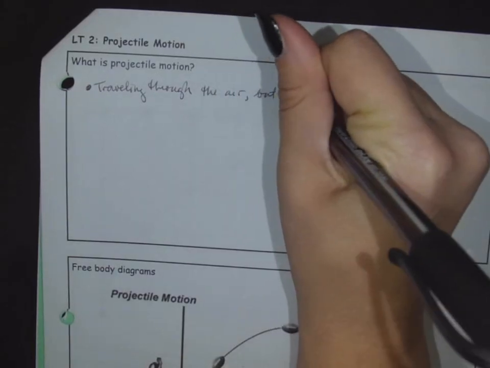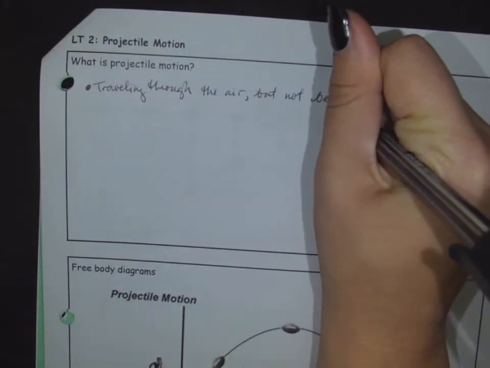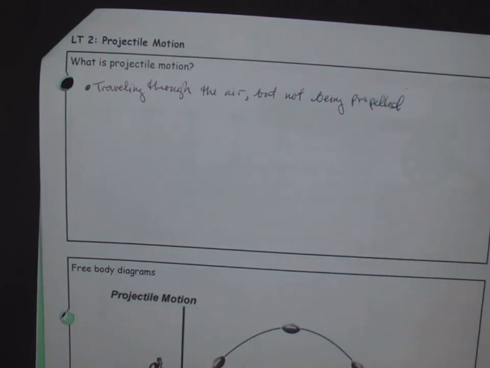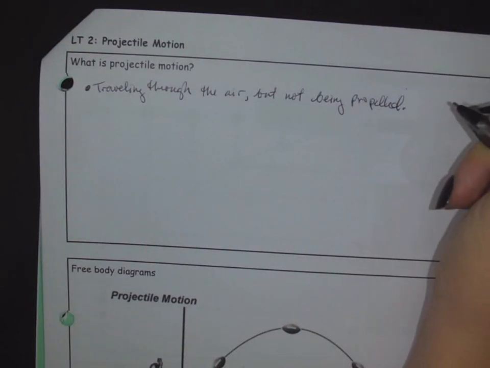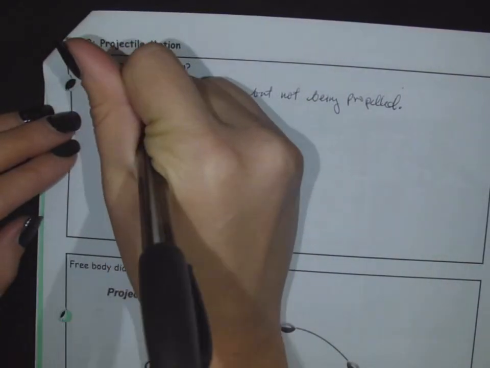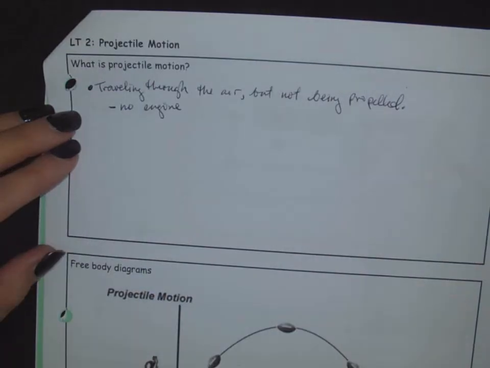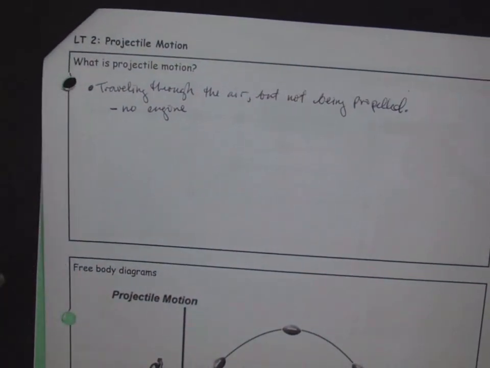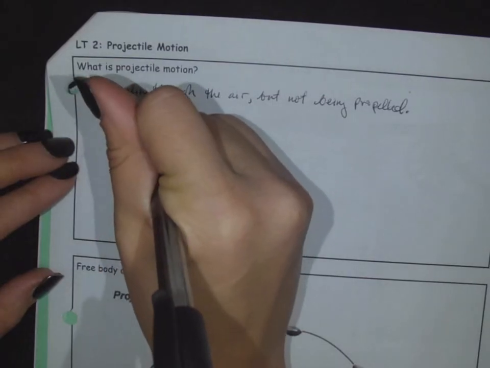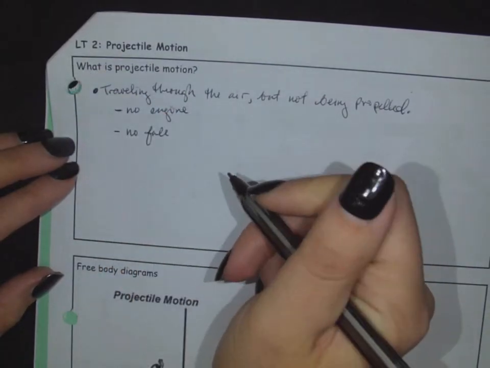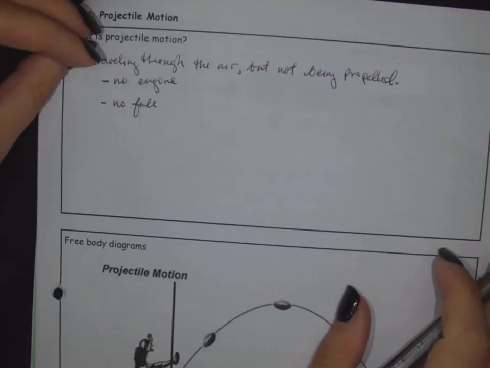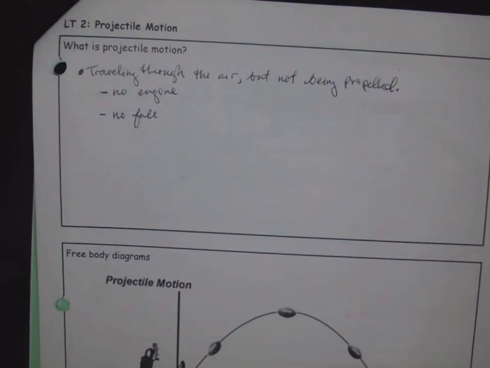It's traveling through the air, but it's not being propelled, aka there's no engine, no fuel, no power source. So it's just flying through the air.